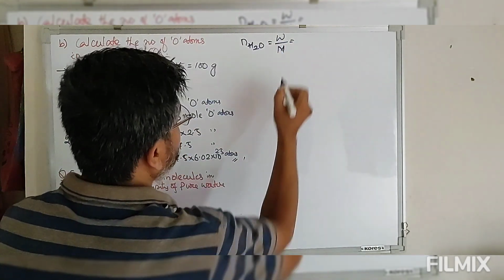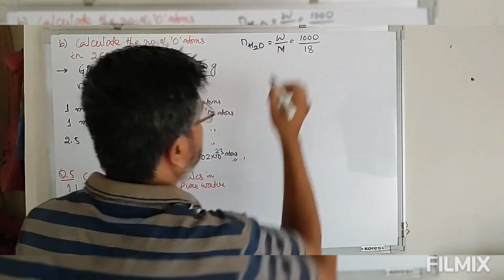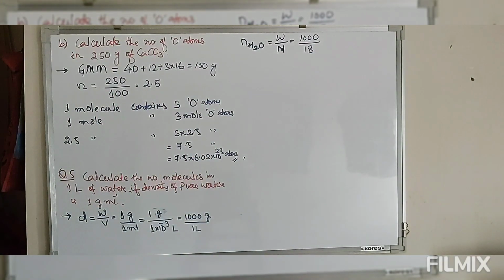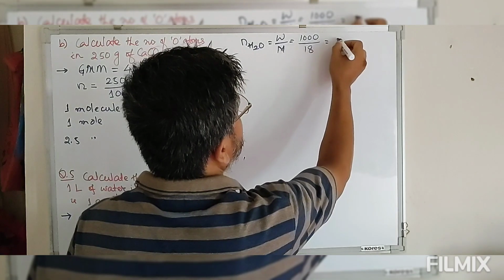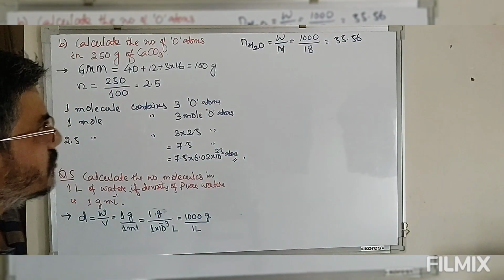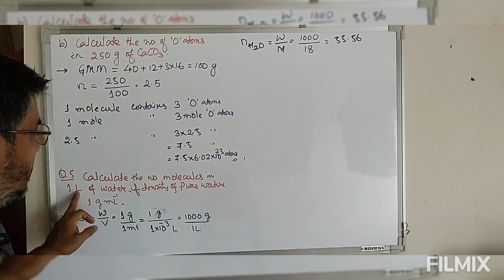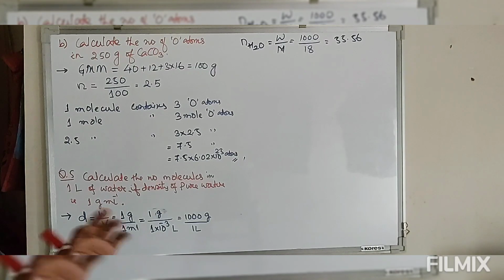The mass of water is given as 1000 gram, the molar mass of water is 18, since we have H2O. If you divide, this comes out to be 55.56 mole. So the number of moles of water corresponding to 1 liter of the sample whose density is 1 gram per ml is 55.56.